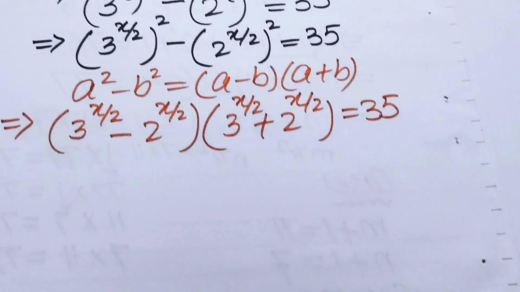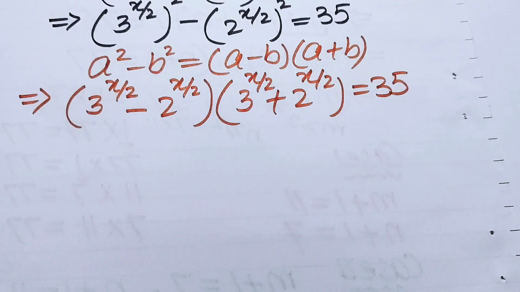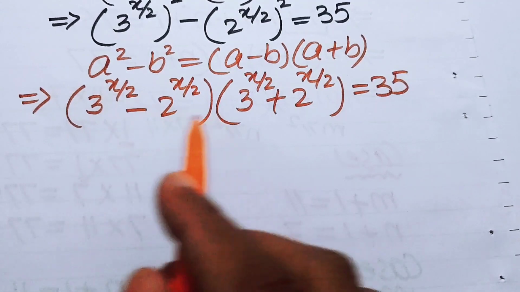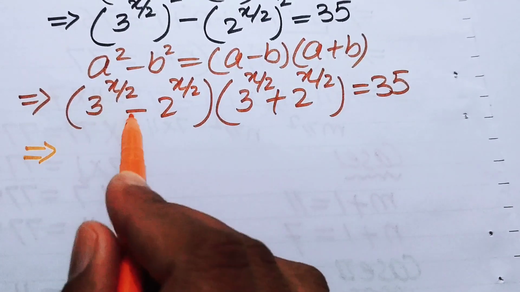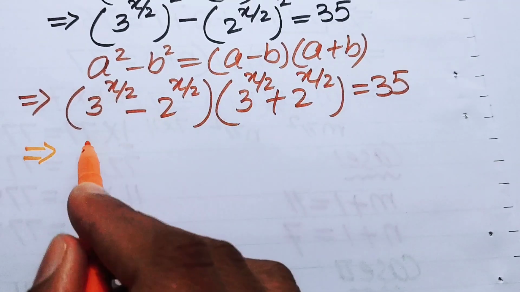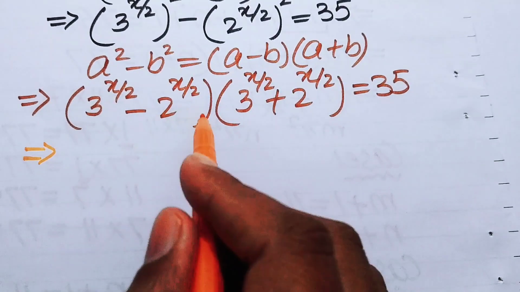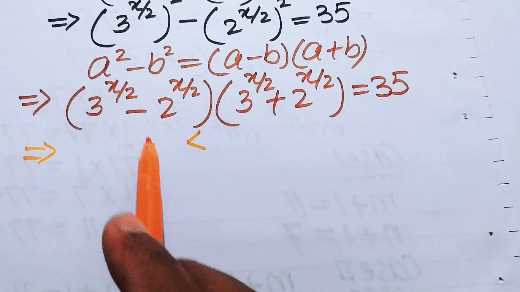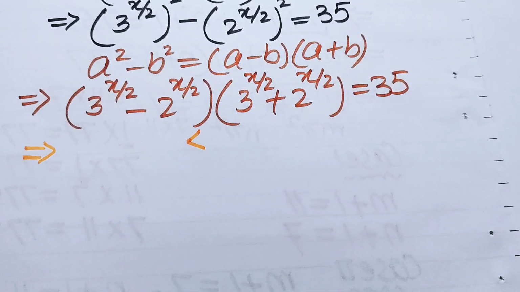So here we see that on the left hand side we have two factors, and on the right hand side we have only one factor. So now we make two factors on the right hand side. You remember one thing: if you focus on these two factors, the first factor must be less than the second factor.